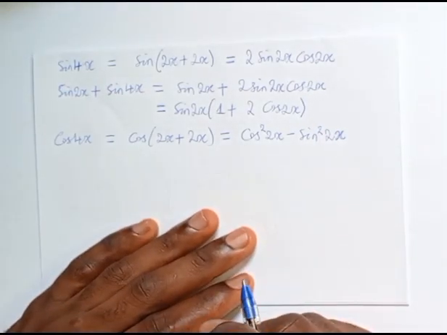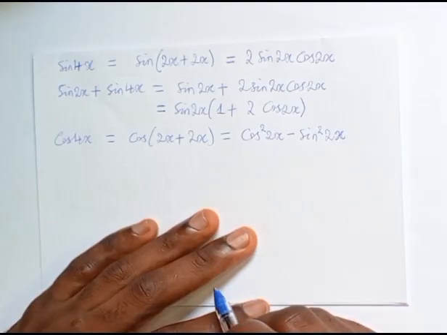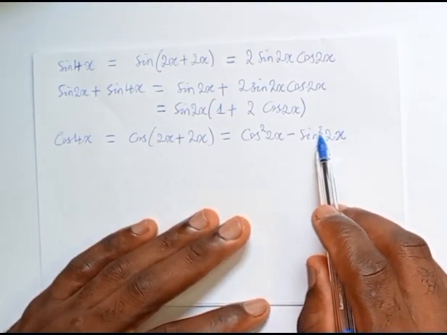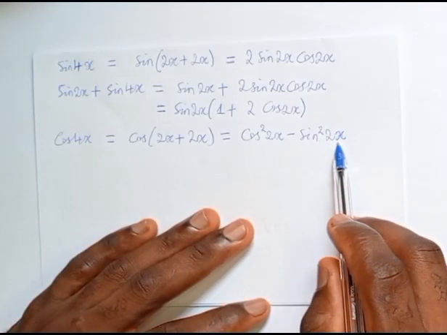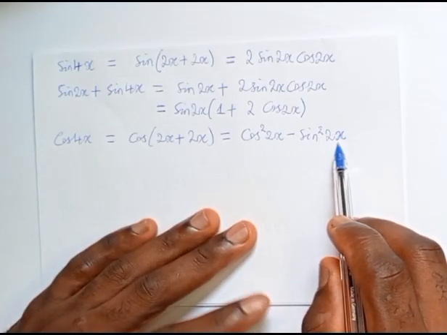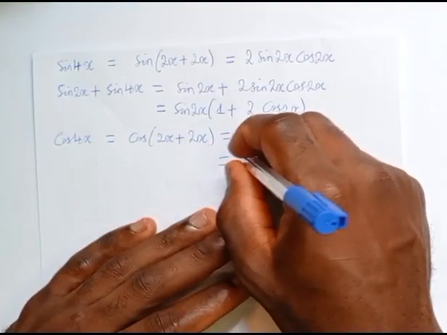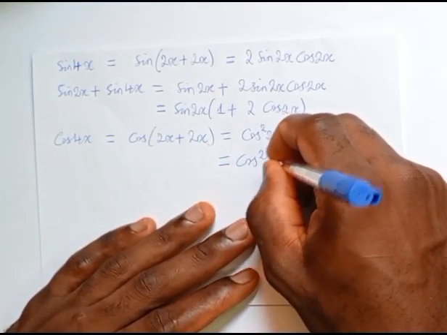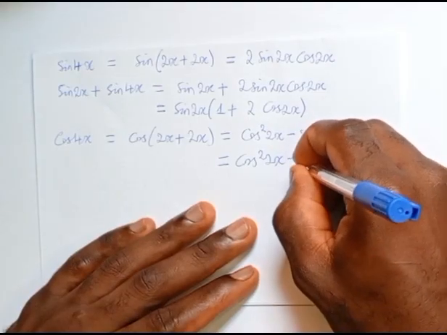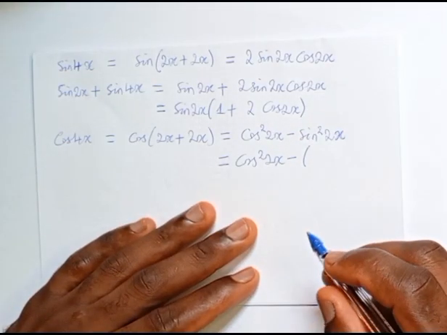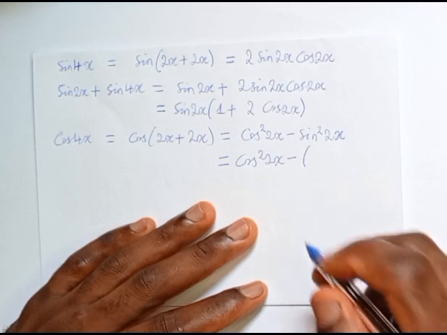The next thing we are going to do is change sine squared 2x to be in terms of cos squared 2x. We know sine squared 2x plus cos squared 2x is equal to 1.